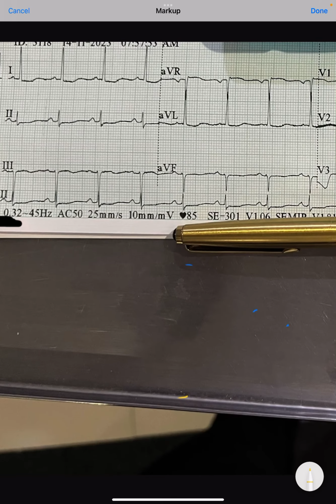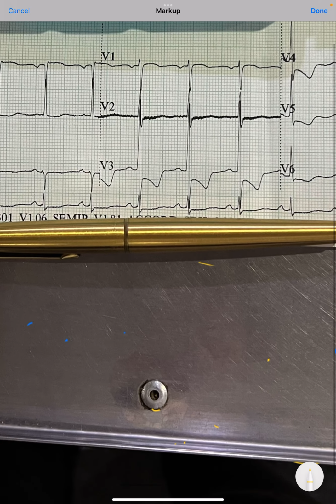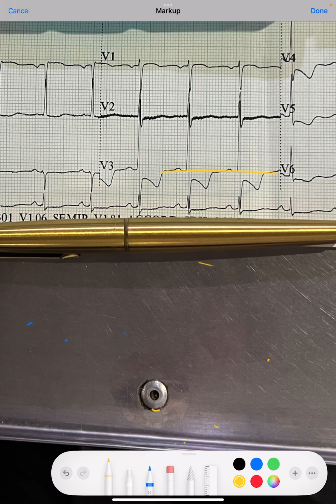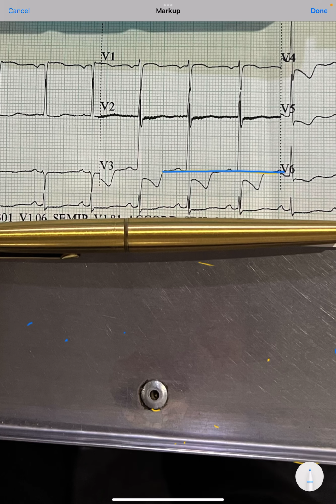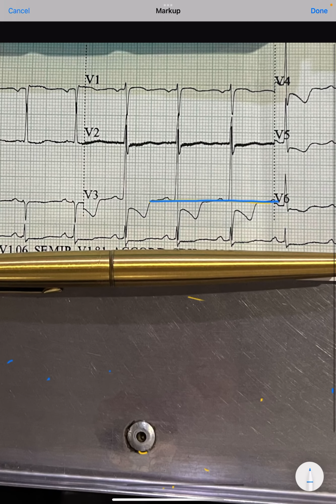Now here we can very nicely see that the ST depression is there. So this is the baseline. Whenever we are saying ST elevation, we have to find this baseline. This is the running baseline.